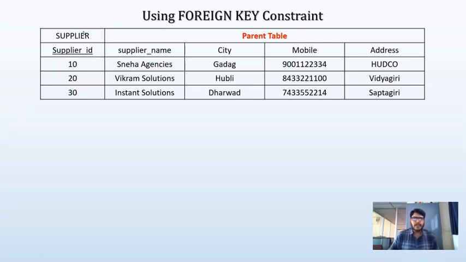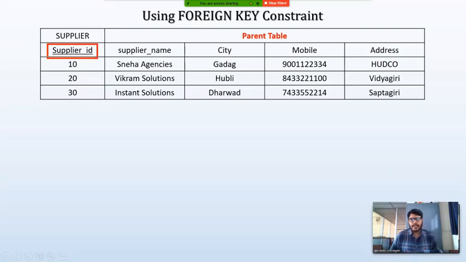And you can observe here, I have marked supplier ID as a primary key. As you can see, I have underlined supplier ID, so that is indicating a primary key. Already you know the concept of a primary key. A primary key column will not accept duplicate values.